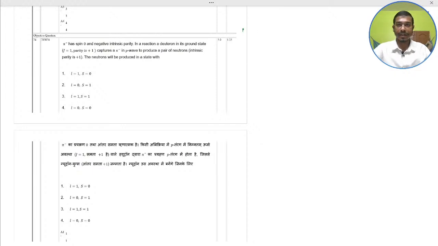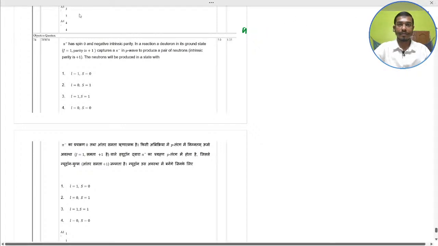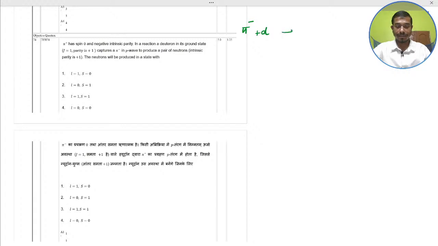The reaction is pi minus plus d going to n plus n. Given that the process involves P wave, the orbital angular momentum L equals 1.